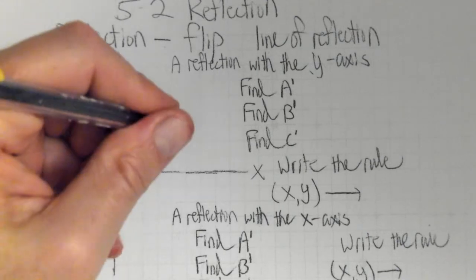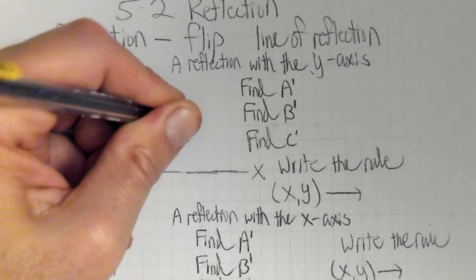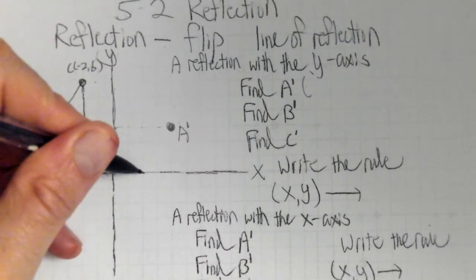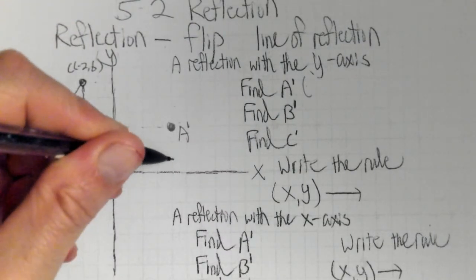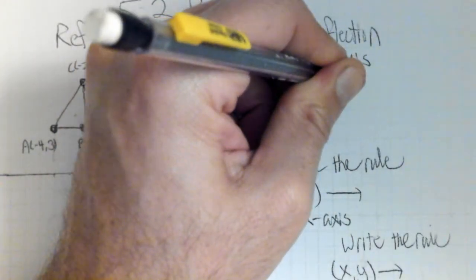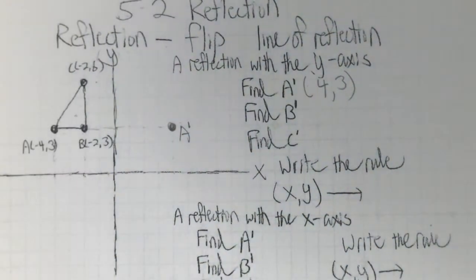There's your A prime. Now, what are the coordinates for it? Let's count it. 1, 2, 3, 4, and up 1, 2, 3. 4, comma 3 is the correct coordinate for A prime.